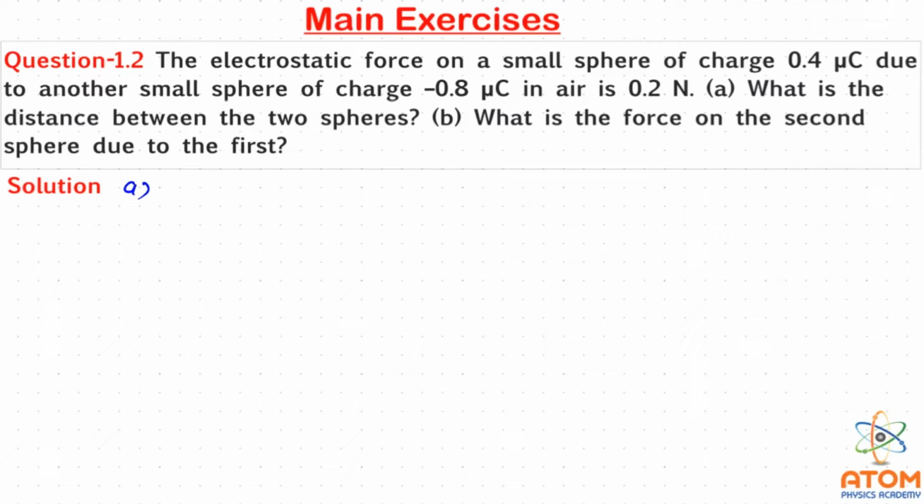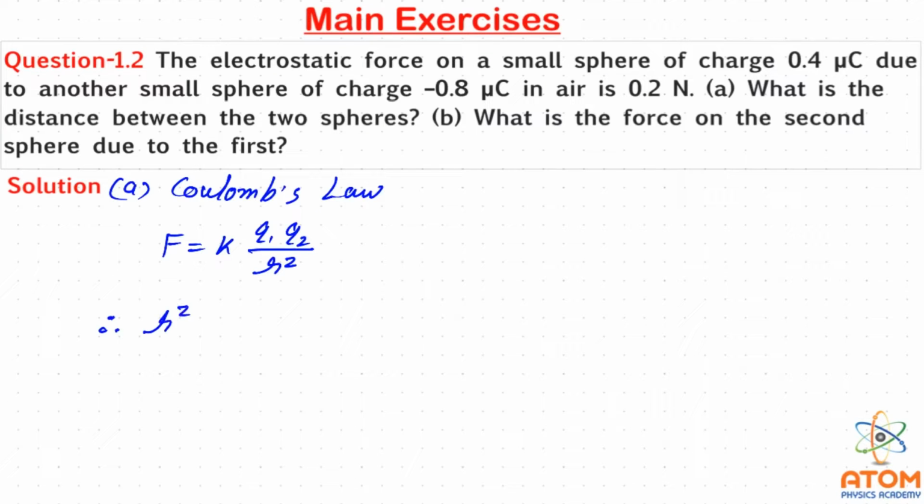First we will solve A. Now as per Coulomb's law, we know the equation, that is F is equal to k q1 q2 upon r square. So from this we can write r square is equal to k q1 q2 upon F. Now because we have all these values, we can put them.